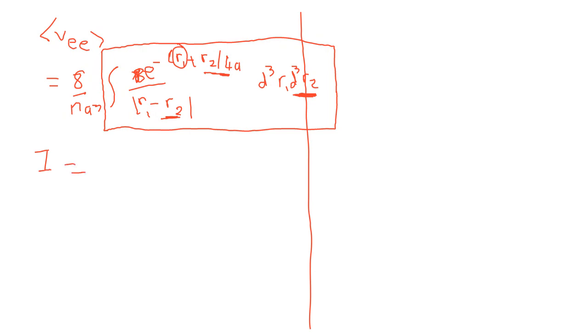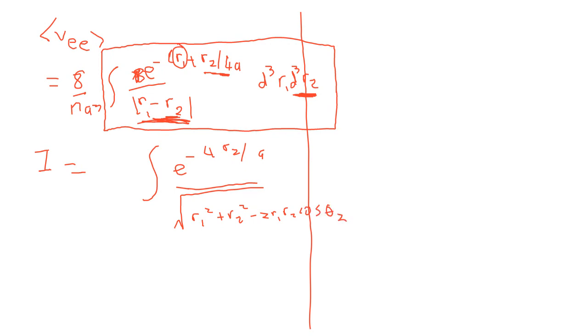I'll call this integral I. It's going to be given by e to the minus 4 r2 over a over, now you use the cosine rule, so this will just give you the square root of r1 squared plus r2 squared minus 2 r1 r2 cos theta 2. And then d3r is just the usual volume element, so it's going to have r2 squared sine theta 2 dr2 d theta 2 d phi 2. Right.